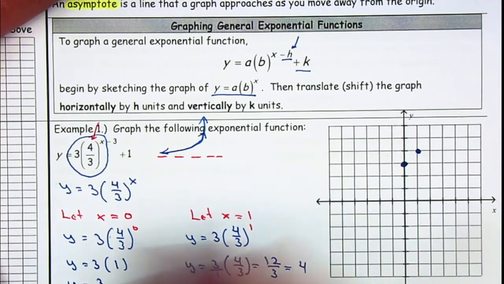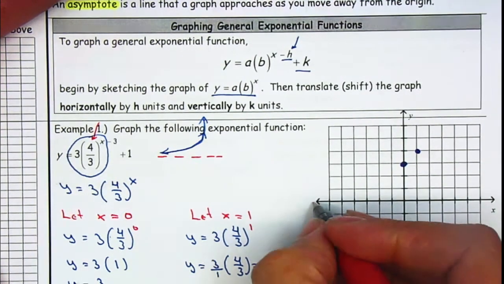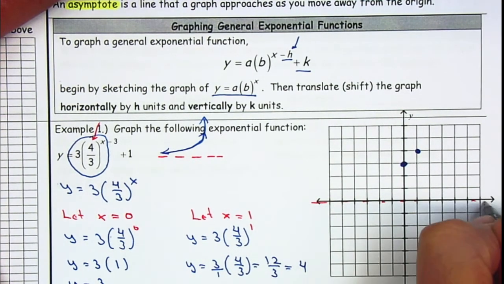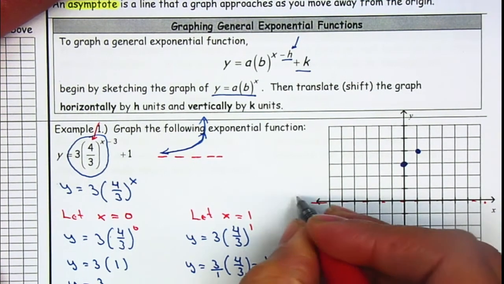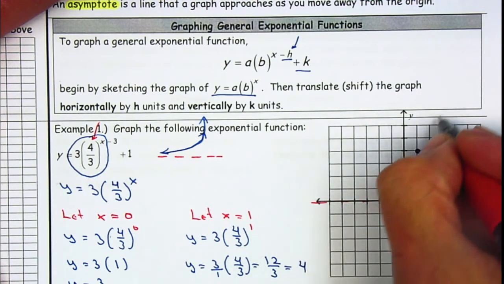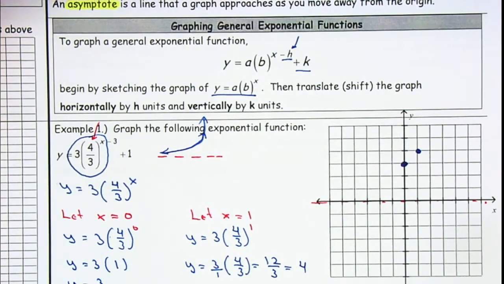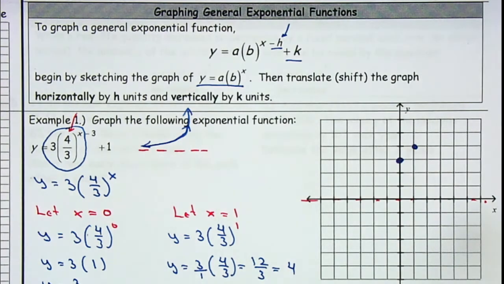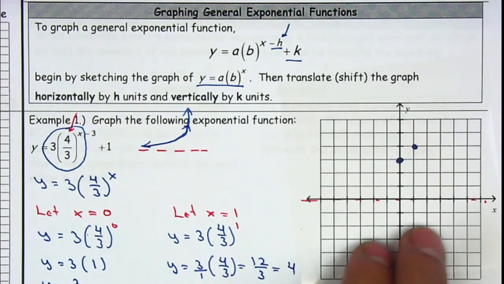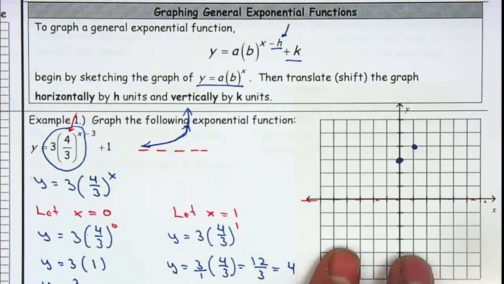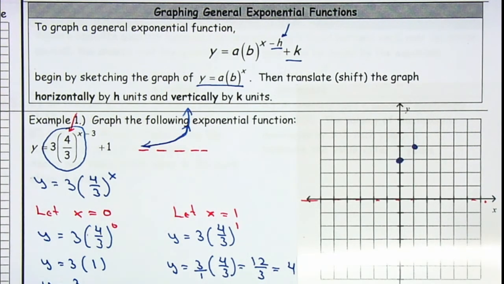Now, my asymptote at this point is right here, and my graph will be right here. I'm not going to graph it yet because I still need to shift it. For example, I'm going to use my transparency to be able to illustrate it. This is the point that I have.